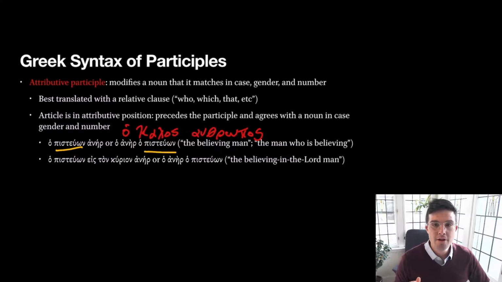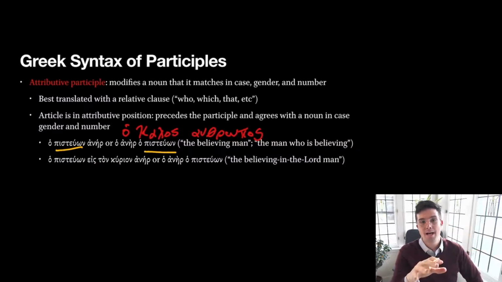And another note about this is that you can have other things coming after the participle. So because participles are verbal adjectives, like verbs, they can take things like a prepositional phrase after it. So this would be ho pisteuon, the believing in the Lord man.